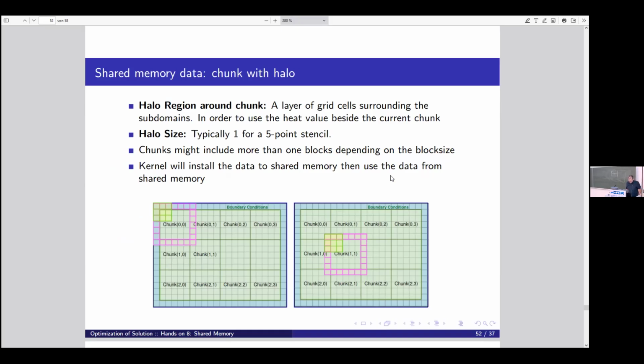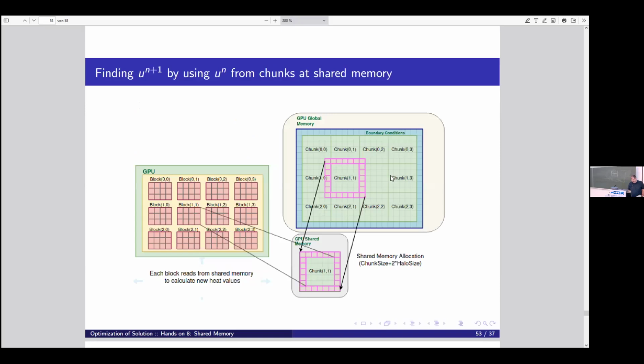As you know, we created chunks, and we have a halo size which is 1. And the chunks might include more than one block, depending on the block size. The kernel will load the data to shared memory, then use the data from shared memory. What is the size of the data to be copied to shared memory by a block? Block size here is not the same as the chunk size.